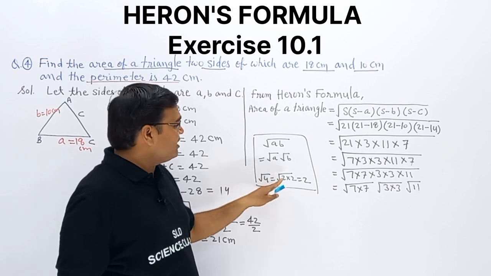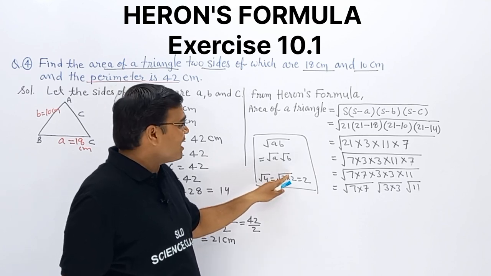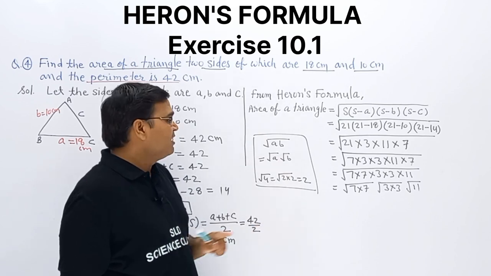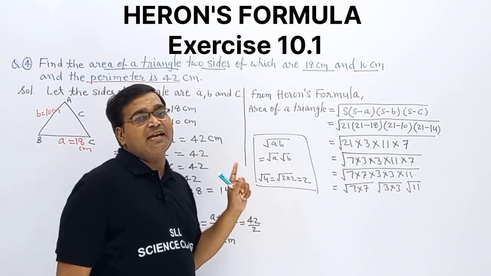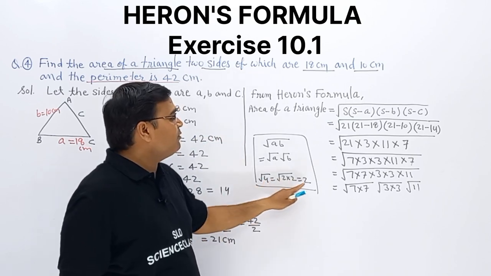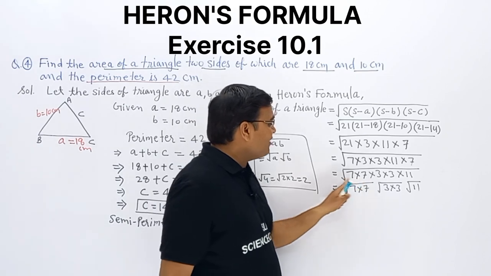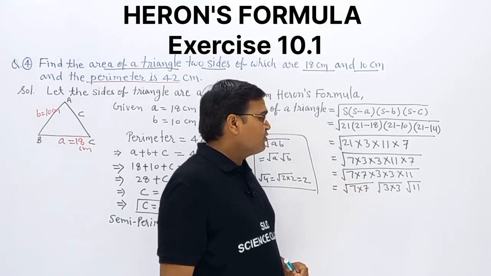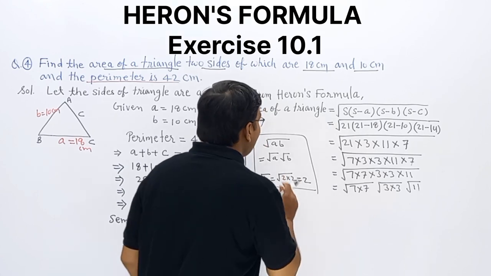Square root of 4 can be written as square root of 2 into 2. In the square root, when we have the same two numbers multiplied, we take one number outside, and that is the square root of that number. So this square root will be 2. Now in the square root we have two numbers, and how are we getting this one?